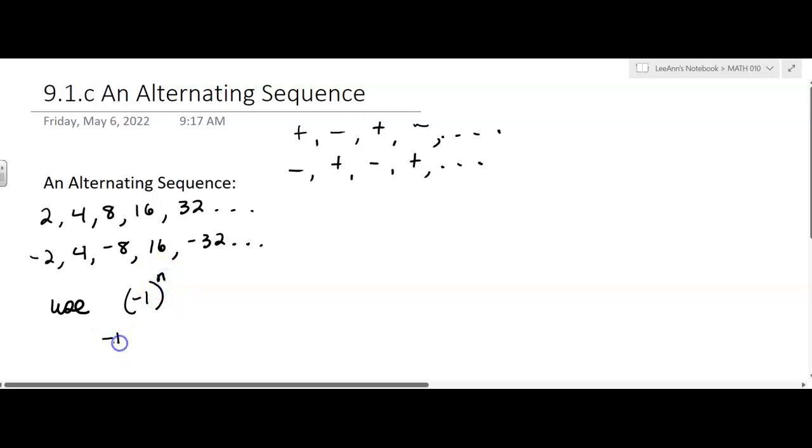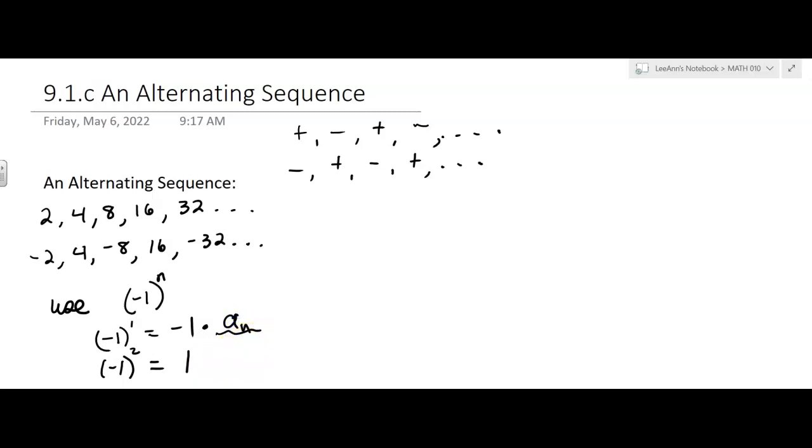Because -1 to the first power is going to be -1, but -1 squared is going to be 1. And I'll be multiplying it times whatever a sub n is. In our case, remember it was 2 to the nth power. That's how we generated the terms.